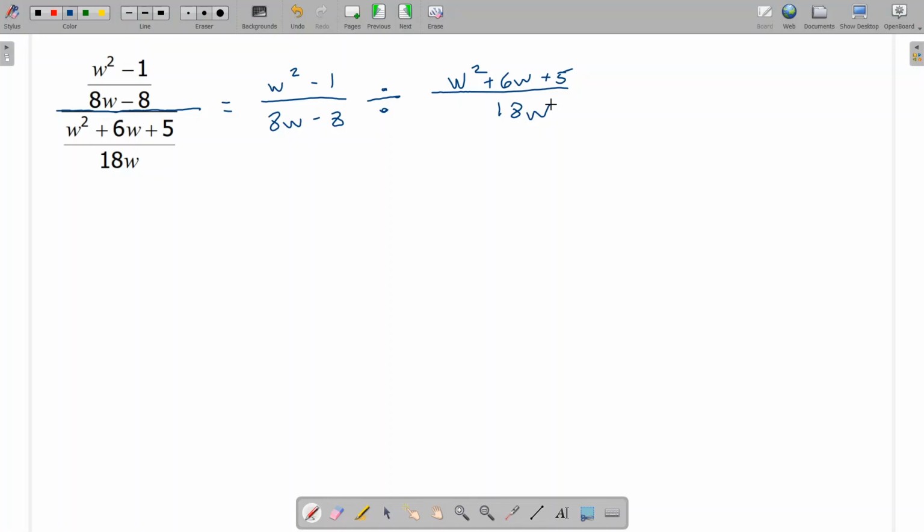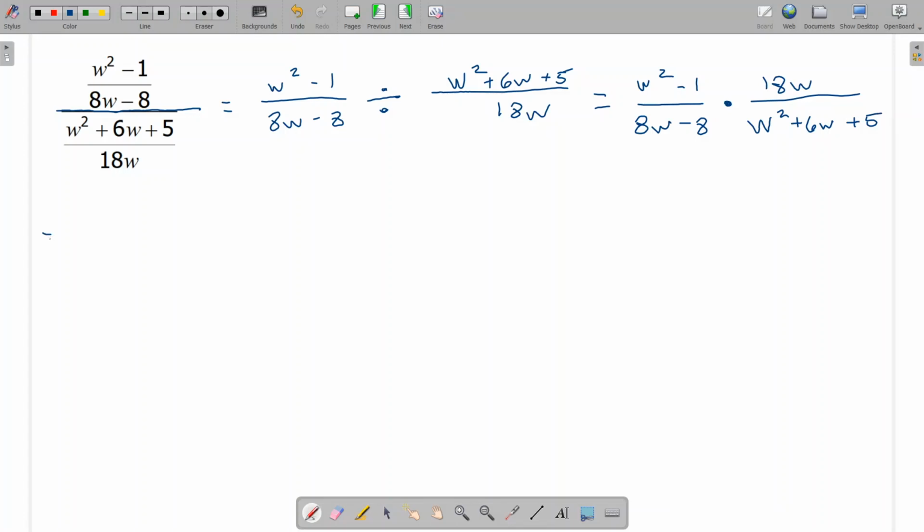And then from here, we've done these problems already. That means that we really just have w squared minus 1 over 8w minus 8 times 18w over w squared plus 6w plus 5. So we have changed this to a multiplication problem, something much easier to work with.